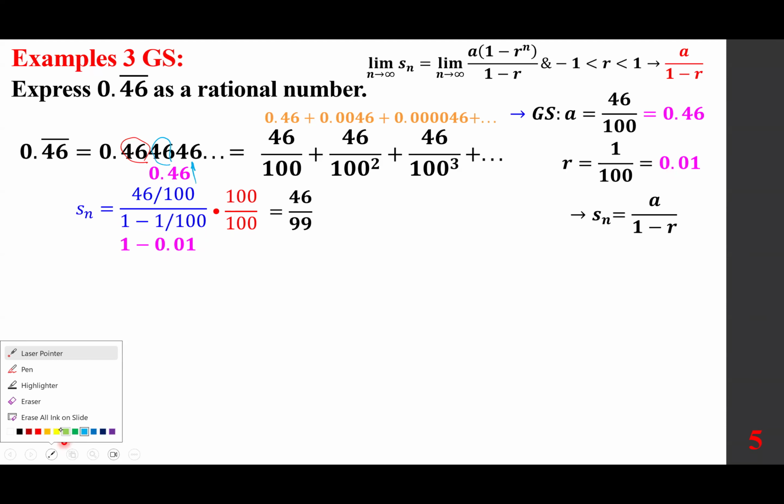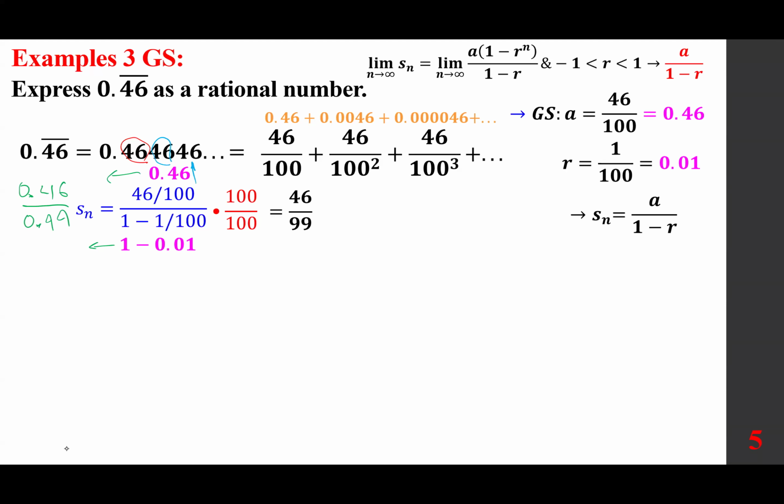And if you look at the decimal format, 0.46 at top, 1 minus 0.01 is 0.99. And obviously, if you multiply the top and the bottom by 100, you get the same answer, and you're done.